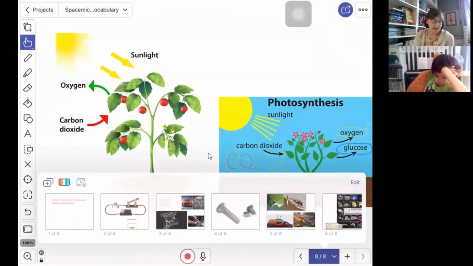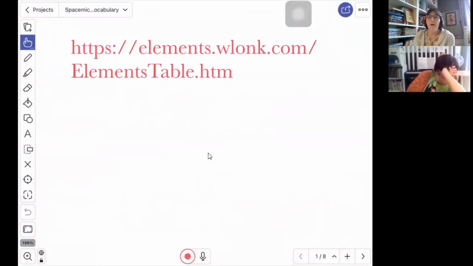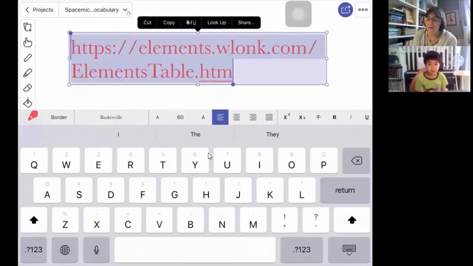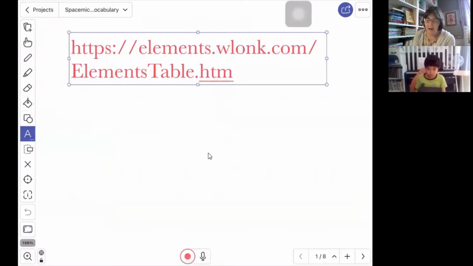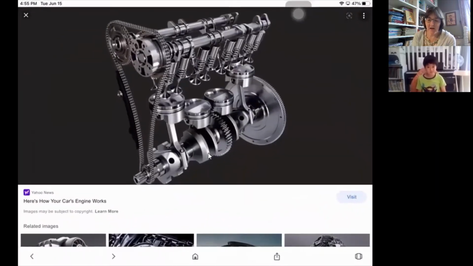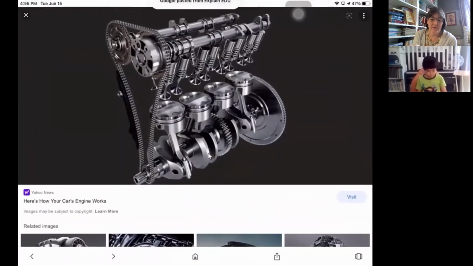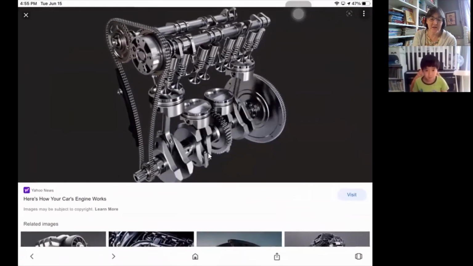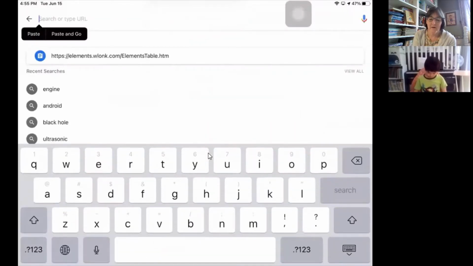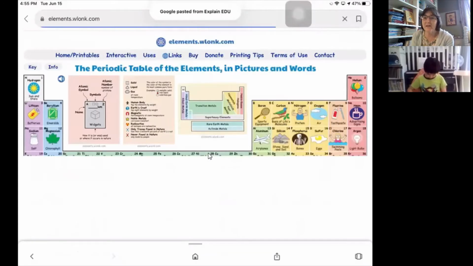Okay, the last thing I wanted to show you was this website. I'm not sure if it's going to work if I click on it. I will send it to you. Is it on Google? Do you have Line on that computer? Yes. You do? So if I send it to the Line, can you click on it on that computer?